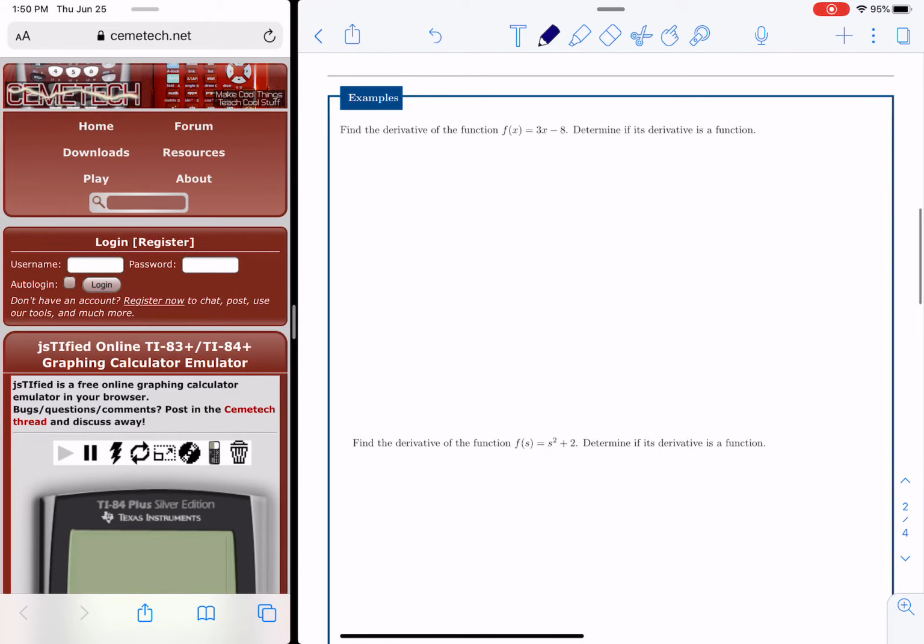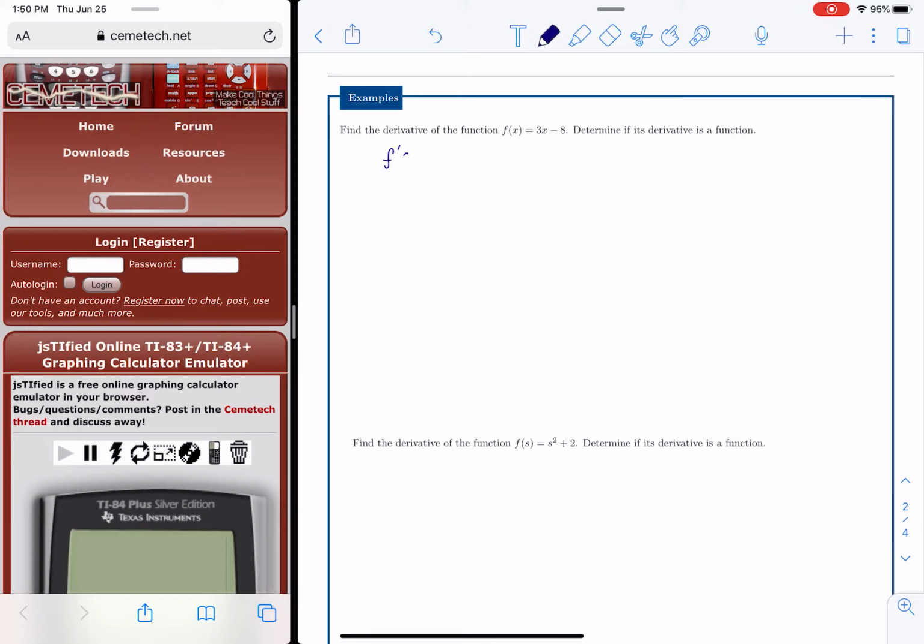So I already mentioned this in the previous part, but I'll explain again. First, we've got to find the derivative of 3x minus 8, and we are going to use the difference quotient approach still.